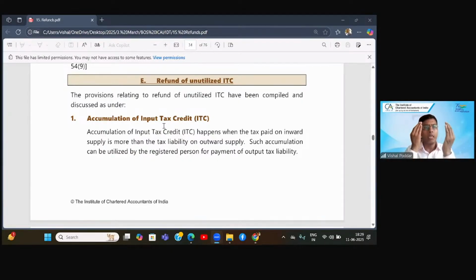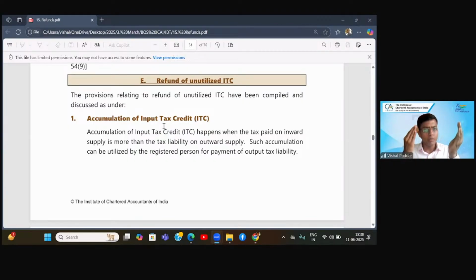Now, in this particular case, this other supply is eligible for refund, but the refund is of what? The refund is of the accumulated ITC. Interestingly, whatever ITC I am getting on my inputs or input services, that ITC will be utilized for both supplies.